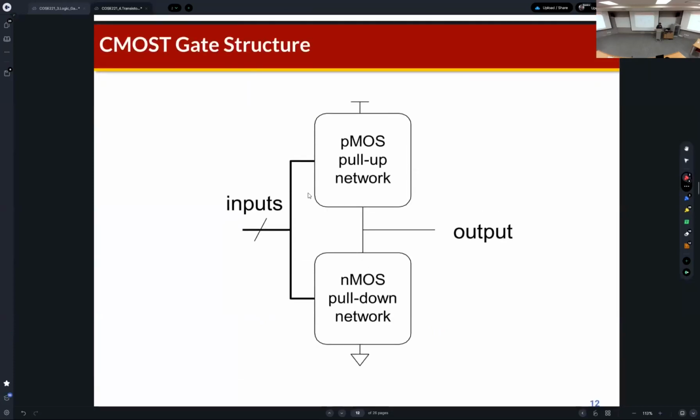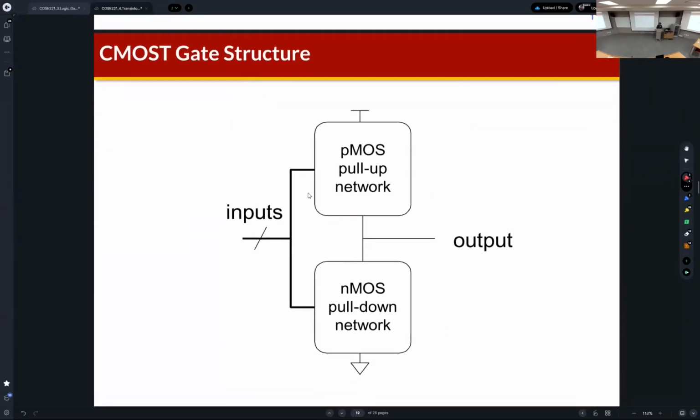So I showed two examples of digital logic: the NOT gate and the NAND gate. As you can see, the PMOS transistors are connected to the VDD, the NMOS transistors are connected to the ground, and the PMOS and NMOS transistors share the same output.